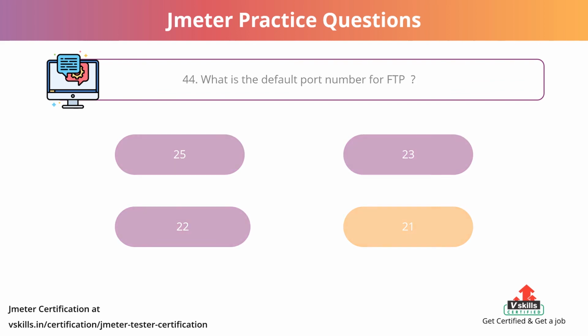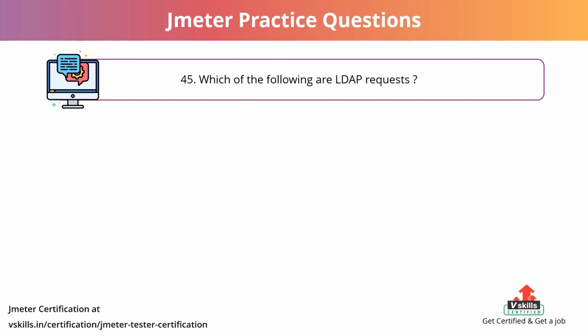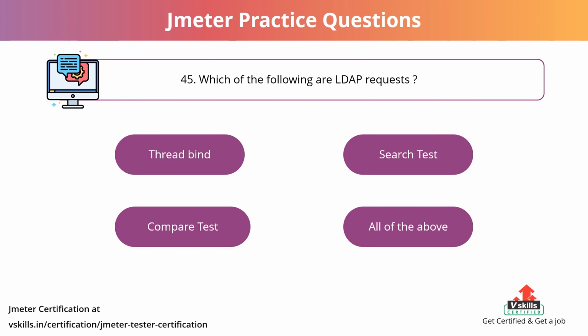Question number 45. Which of the following are LDAP requests? The options are A, thread bind, B, search test, C, compare test, D, all of the above. The correct answer is option D. Question number 46.